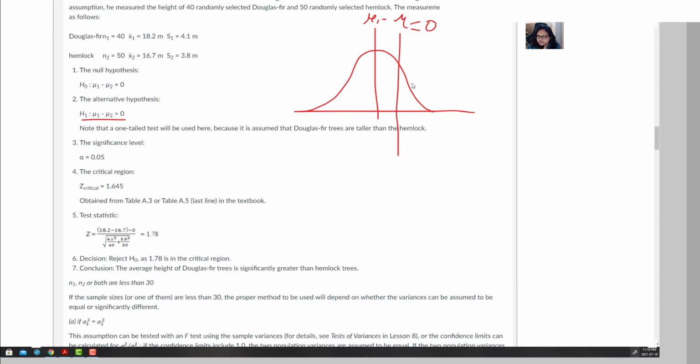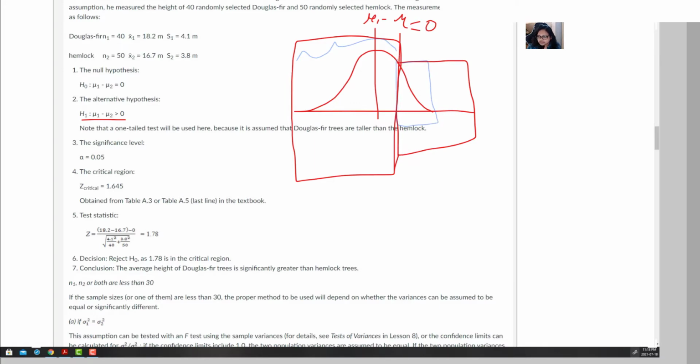That means the critical region is on one side only, the side where it's more than 0, and the acceptance region is from here to here. The entire region on this side is the acceptance region, and this is the rejection region.